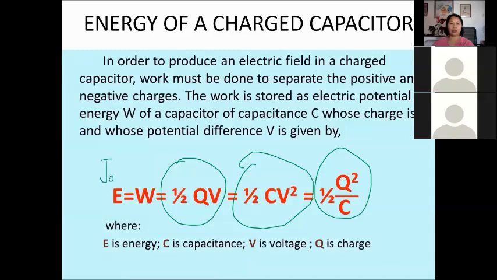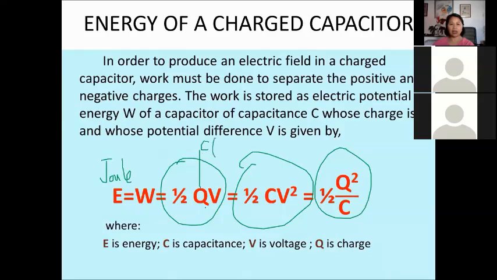That's Joule. Okay, let us see kung makuha natin ito. So, ano ba ang unit? For example, ito. Anong unit ng Q? Q is expressed in coulomb because Q is charge expressed in coulomb.